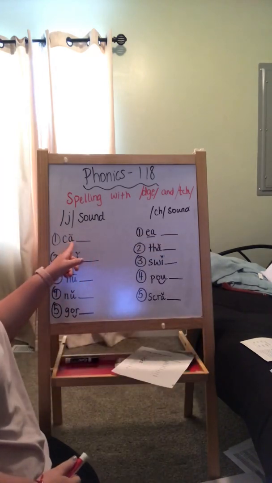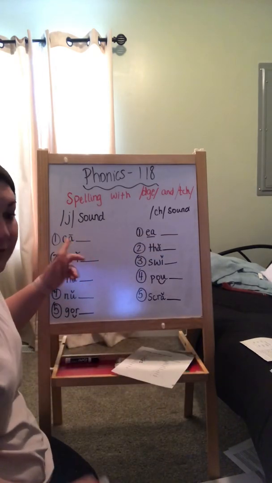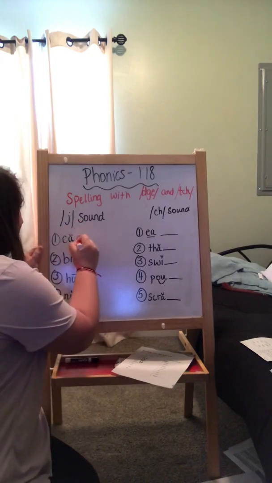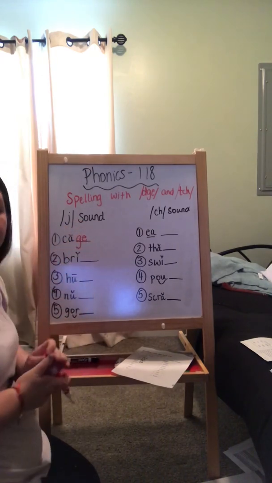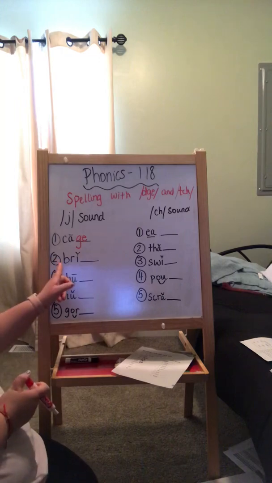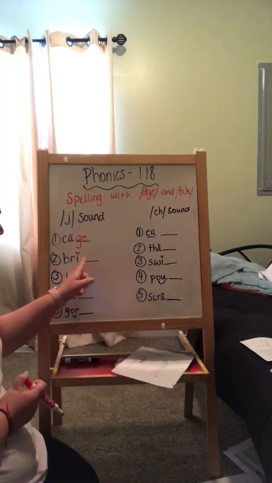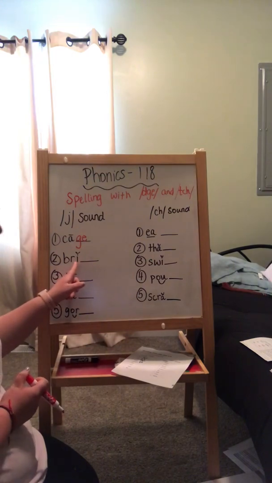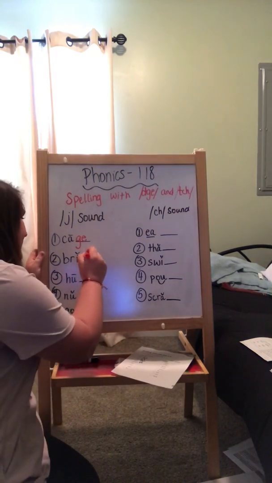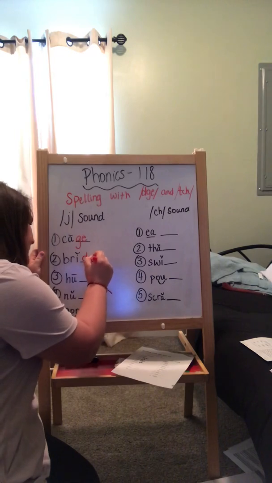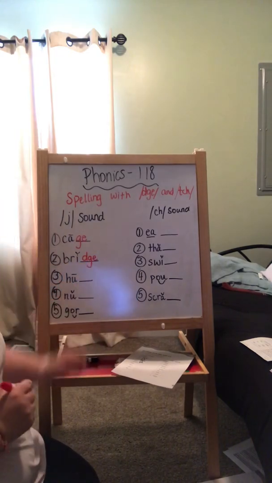So here I can tell that I have a long vowel, so I have to add GE for the word cage. All right, the next word, bridge, bridge. I notice that I have a short vowel, so I know I'm going to add my DGE. This is how I would spell the word bridge.